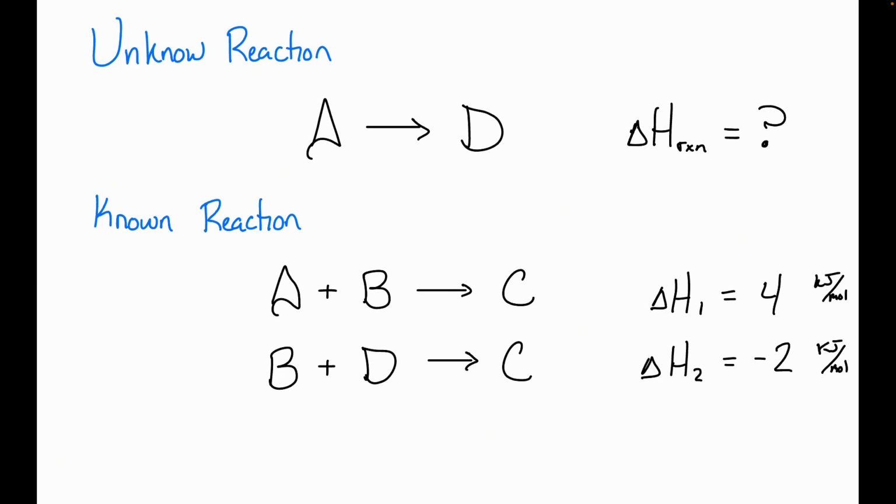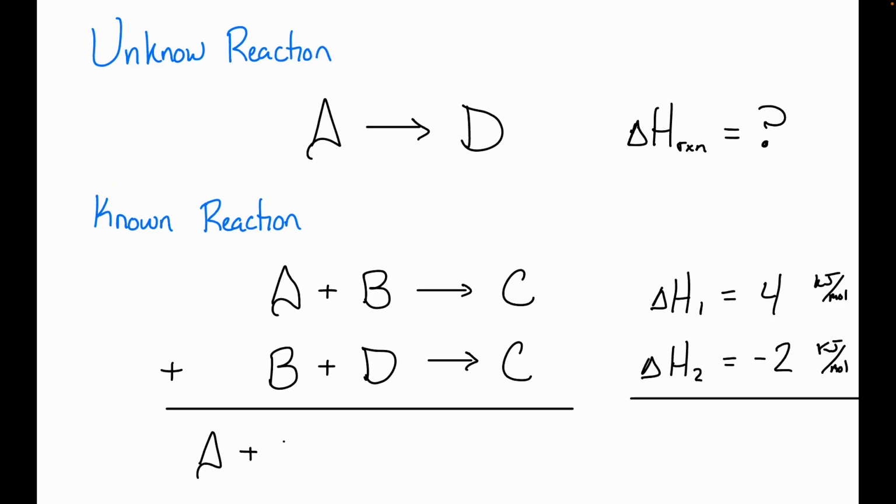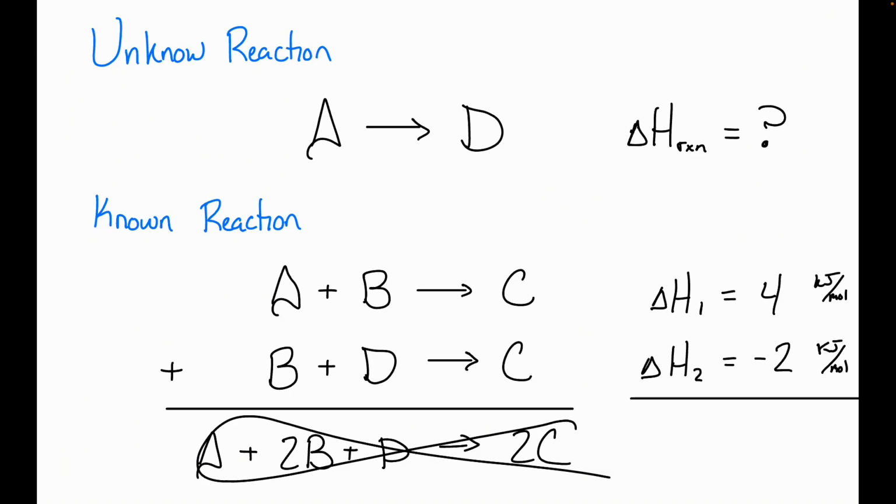If we sum up these reactions as is, we're not going to get this overall reaction. We'll get A plus 2B plus D gives us 2C. That's not what we want. So how can we combine these known reactions in such a way that will leave us with our overall reaction?